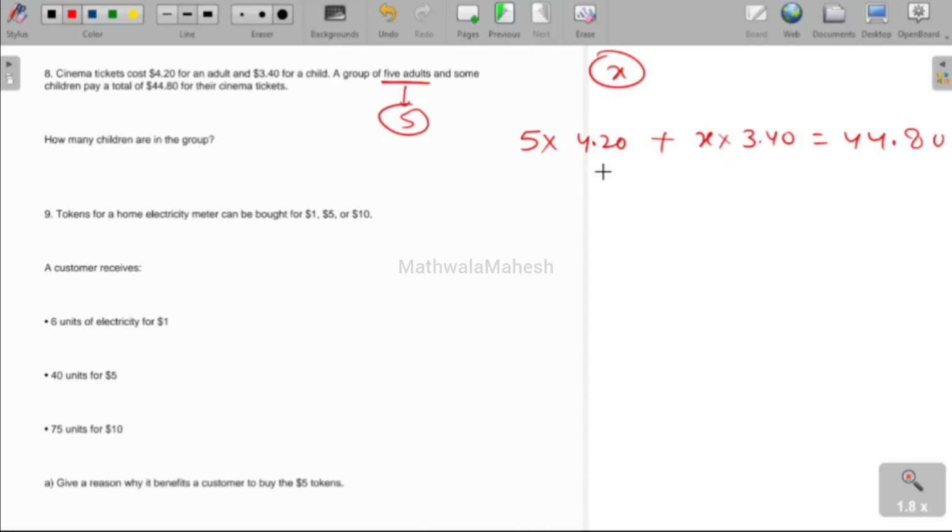Okay, so solving this question, we will find the value of x. 5 into 4.2, this is 21, plus 3.4 into x equal to 44.8. 3.4 into x equal to 44.8 minus 21.